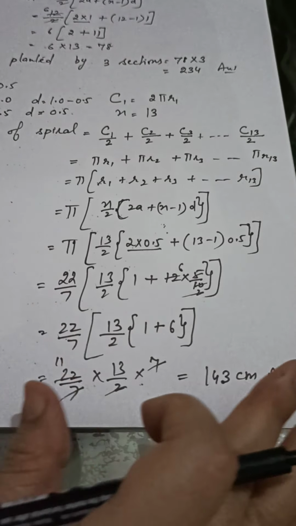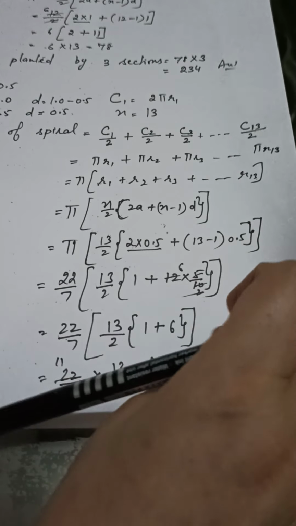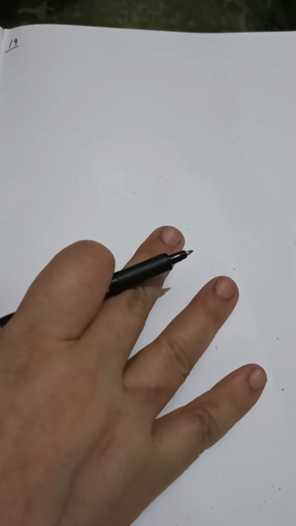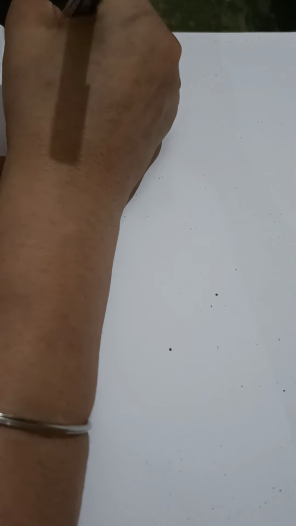Now next one, sum number 18. Sum number 18 we have done. Now sum number 19. In sum number 19, 200 logs are given. That means Sn is equal to 200.